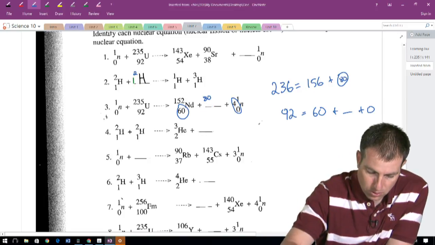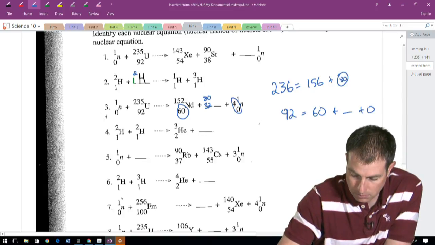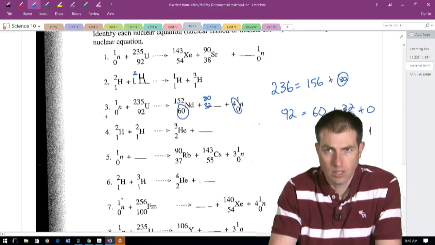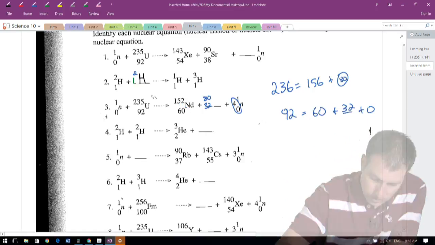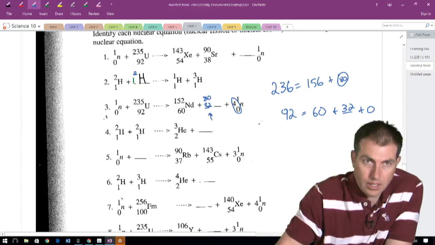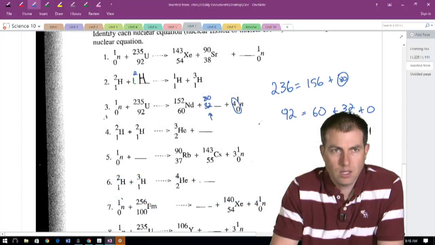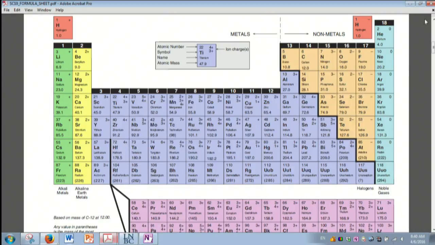So that should be hopefully 32, because 60 plus 32 is going to give us 92 plus 0, so that should work out. I need to figure out what element I'm dealing with, and I always look to the bottom, and element number 32 is, oh, wrong screen. We can get it. Oh, there it is. It looks like germanium, Ge. So I put in Ge for germanium.